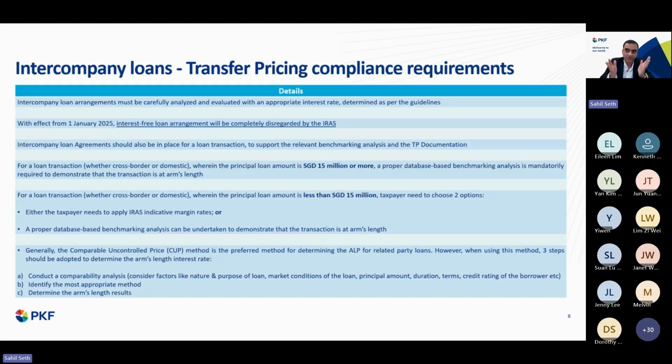So the loan has many levels of elements to be analyzed before coming to a proper analysis. Then is identifying the most appropriate method, and finally determining the arm's length rate or the arm's length results. So these are primarily the compliance requirements for intercompany loans.